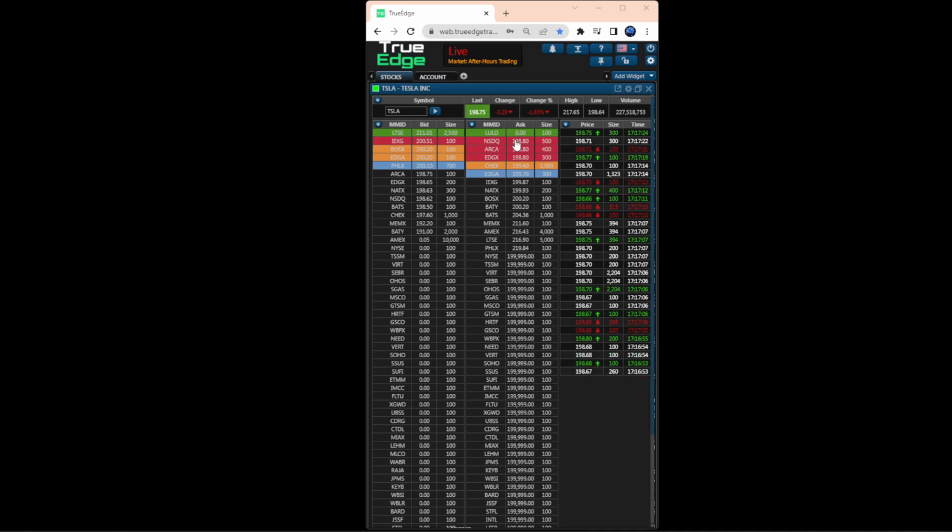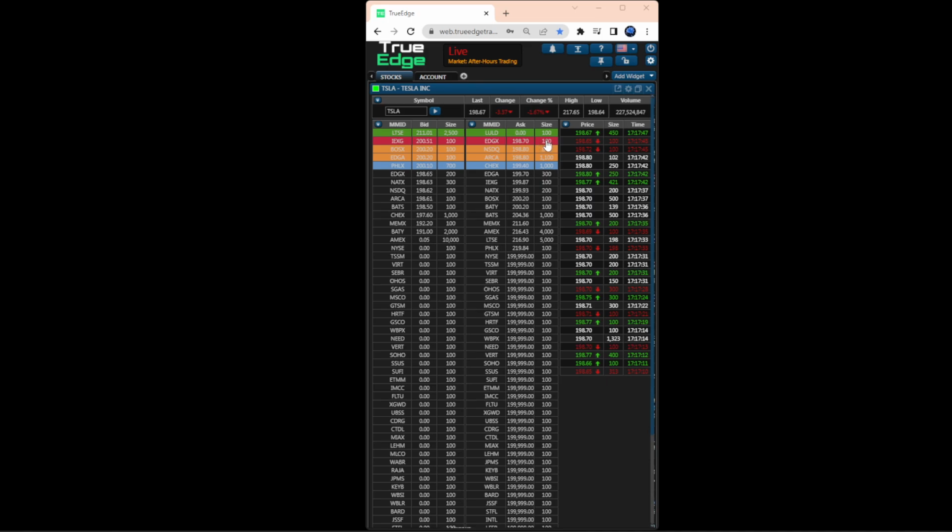Now, that person or those persons, they're passive. They're not aggressively trying to get into the market. They're waiting for the market to come to them. So let's suppose that this ask never changes. It just stays exactly at 198.79, and there's exactly whatever number of shares over here. This is the size of shares.